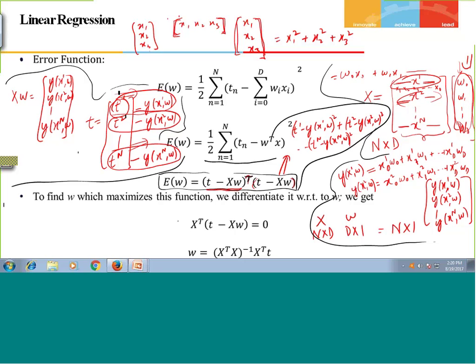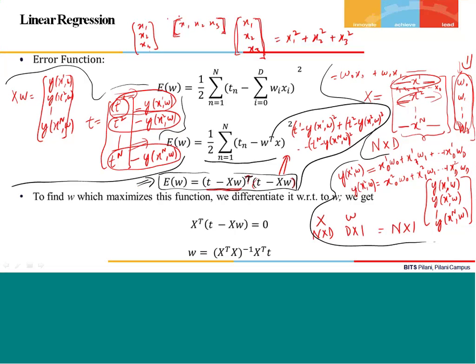So I take the differentiation of this equation with respect to w. This is my error function E(w). I differentiate it with respect to w and put that value equal to 0. When I solve that for w, I will get this expression.